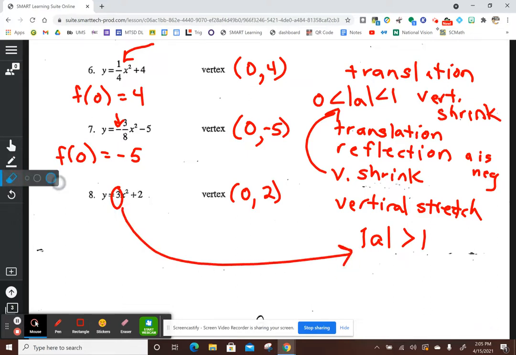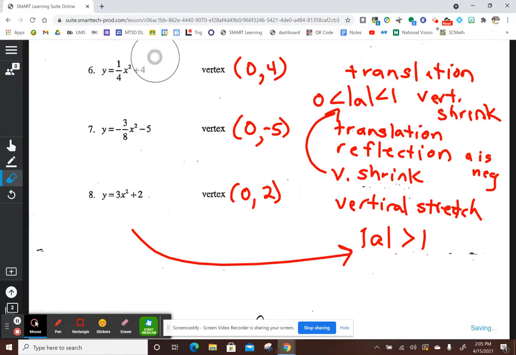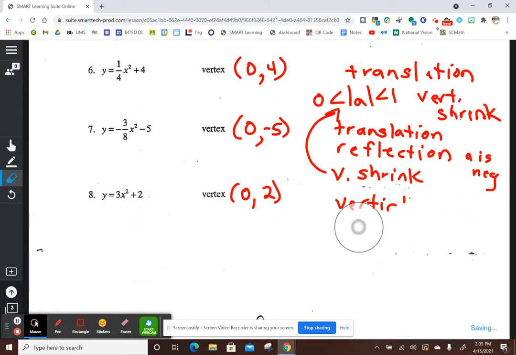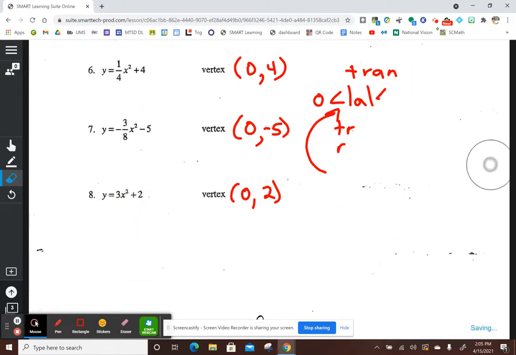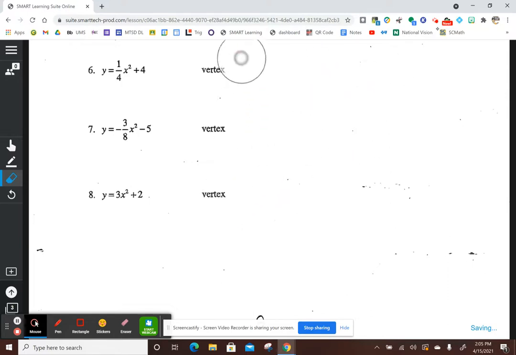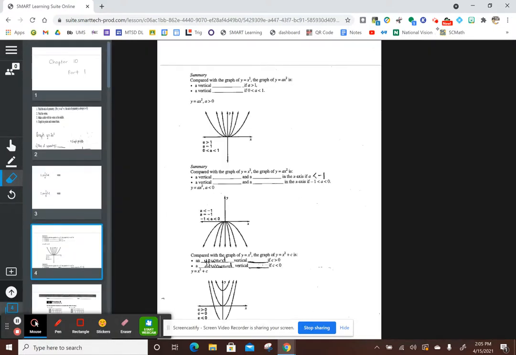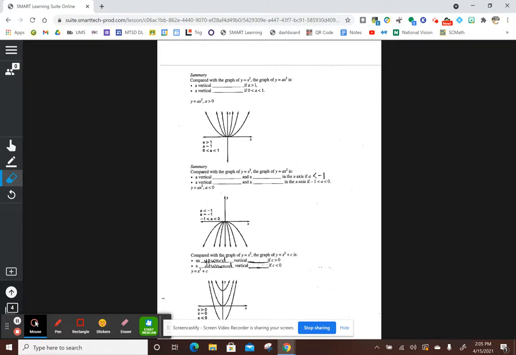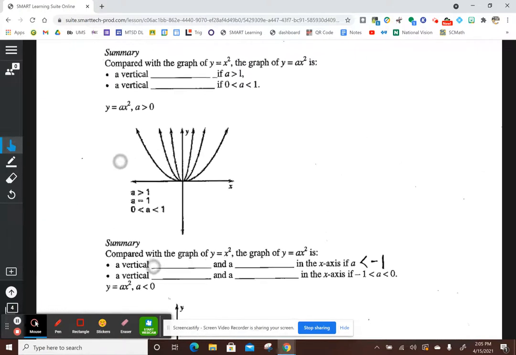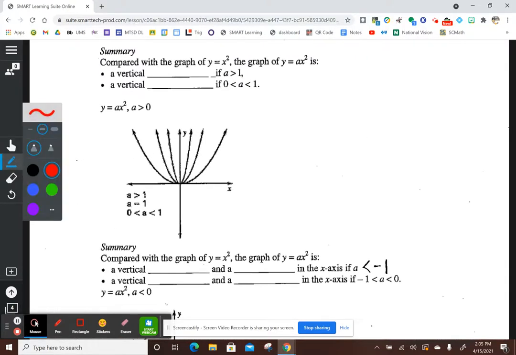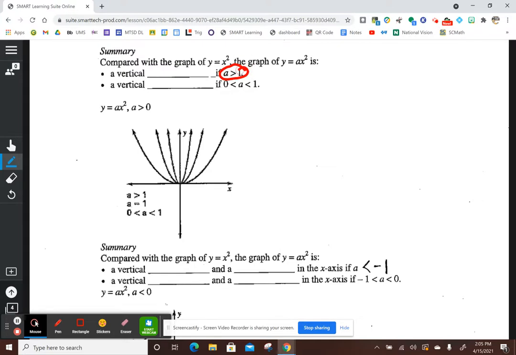Okay, so now let's turn the page. And now, this is showing you stretching and shrinking. So when a is greater than 1, we know that's a vertical stretch.